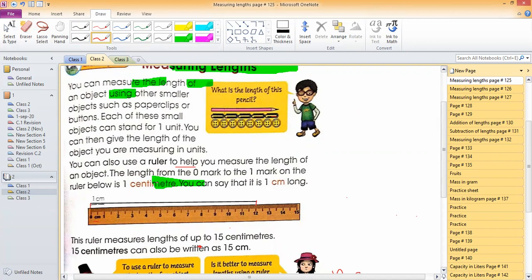One, two, three, four, five, six, seven, eight, there are 8 buttons. So you can say, my pencil is 8 buttons long. You can use these objects to measure something which is shorter than 1 meter.